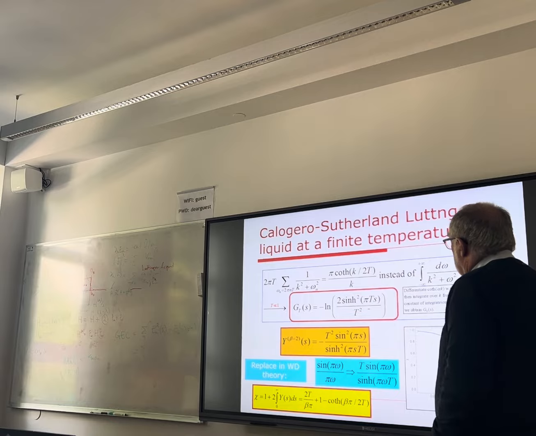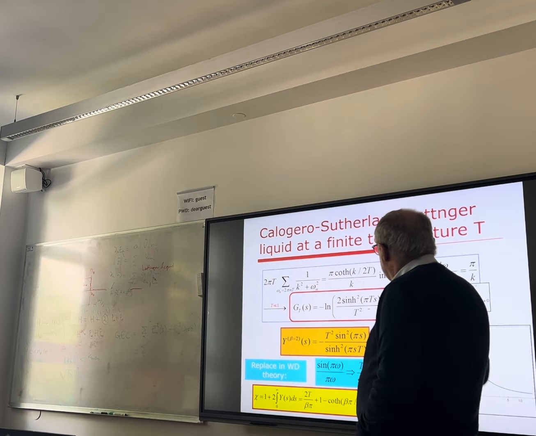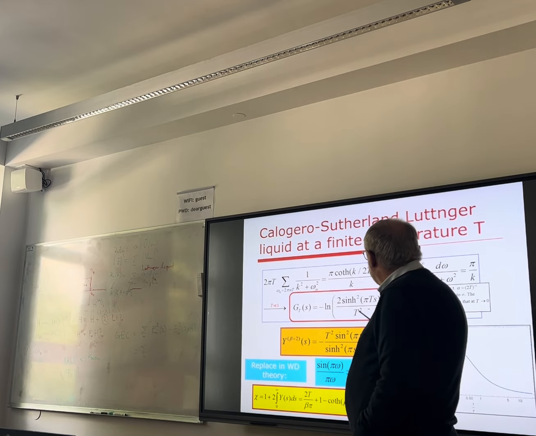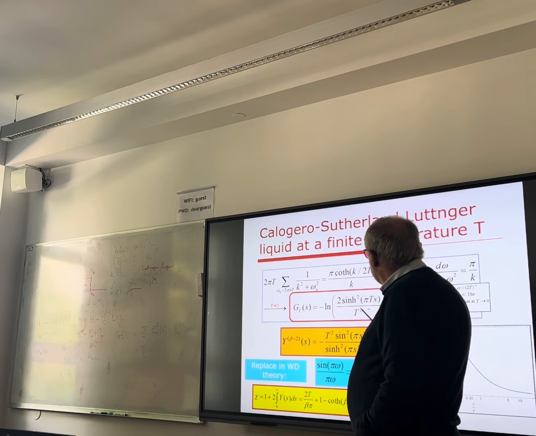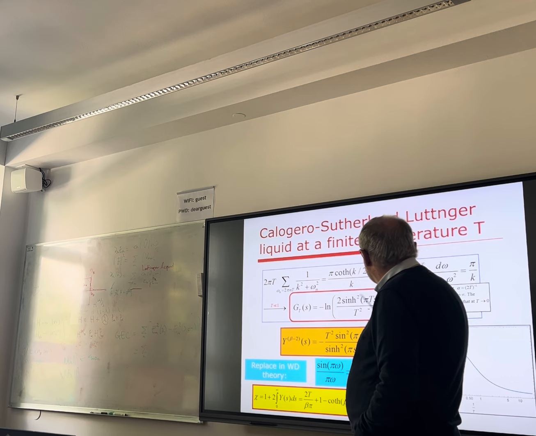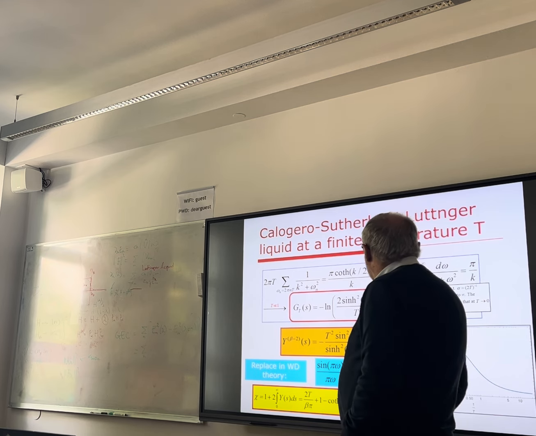Now, we see that if temperature goes to 0, this sine can be expanded, t cancels out, and you have the old result, minus logarithm of pi squared s squared.